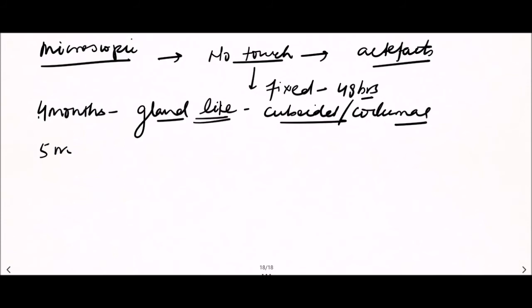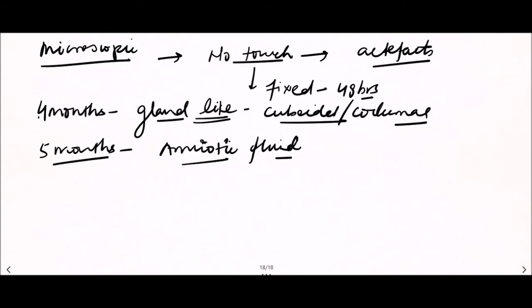At the age of 5 months, the air sacs contain amniotic fluid. So air sacs are filled with amniotic fluid at the age of 5 months. Now the thin-walled adult type alveolus is formed before term.